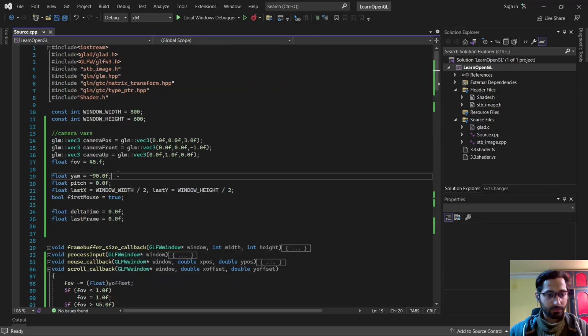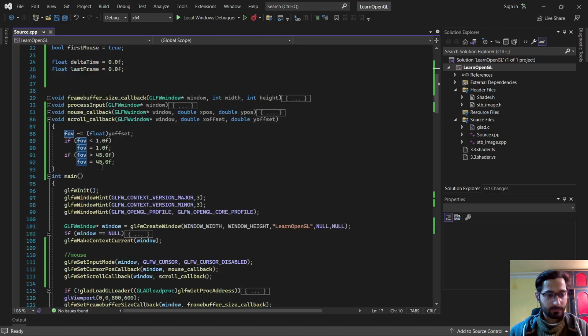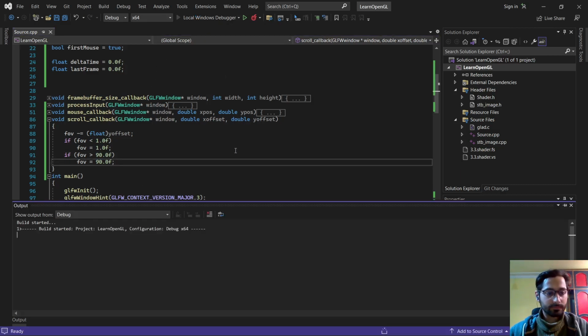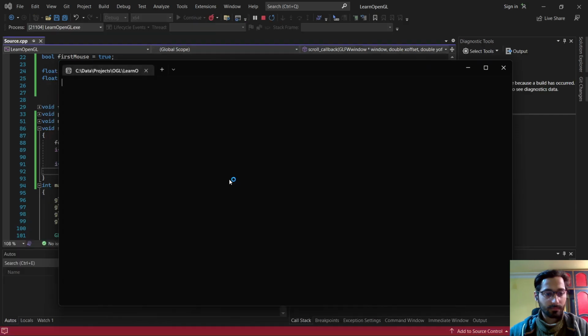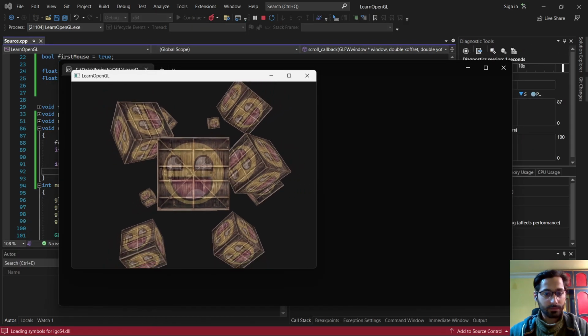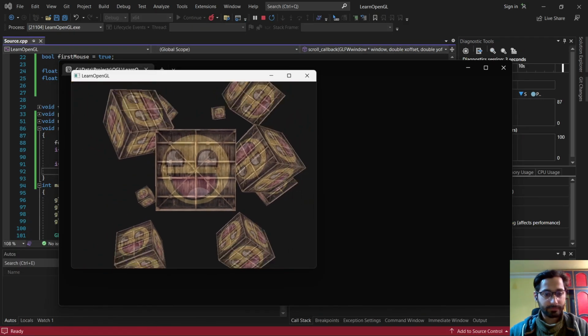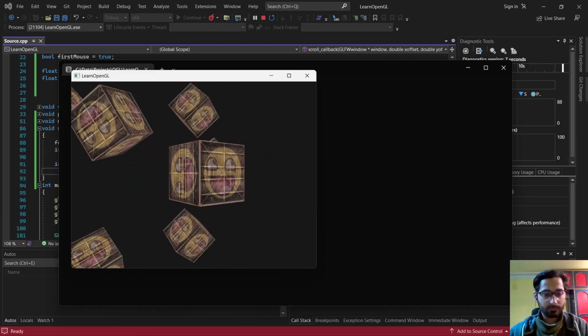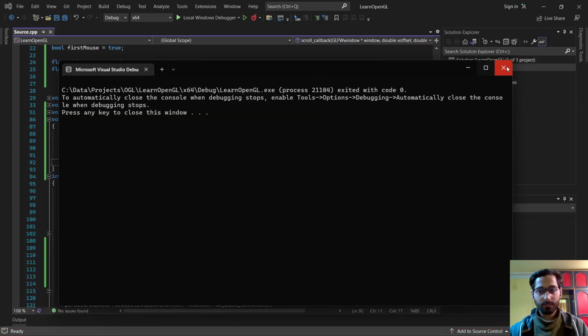That would be cool. Yeah, so we can zoom out and we can go. Cool.